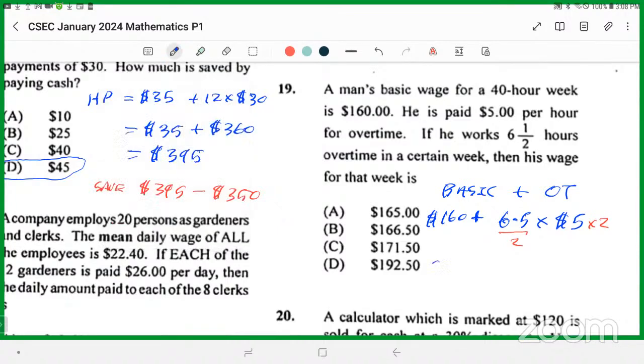So it becomes equal to 160 plus. Now this divided by 2 is easy. You divide 6 by 2, you get 3. Divide 0.5 by 2, you get 0.25. So that becomes 3.25 times 10, because 5 times 2 is $10.